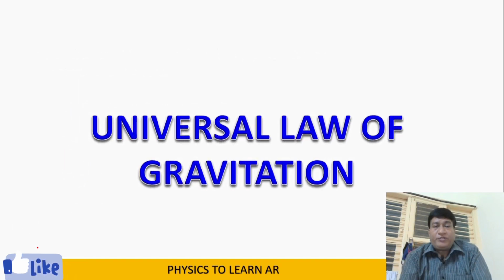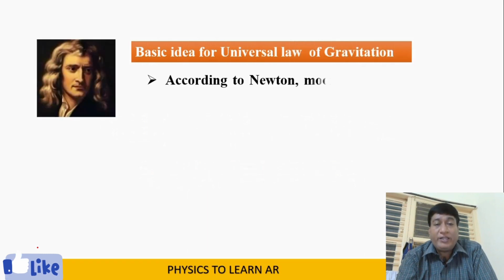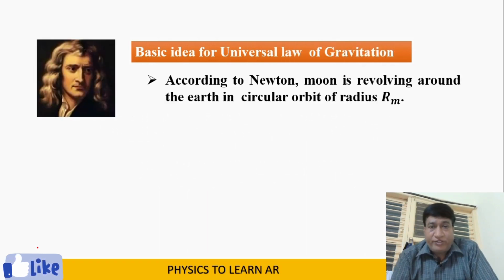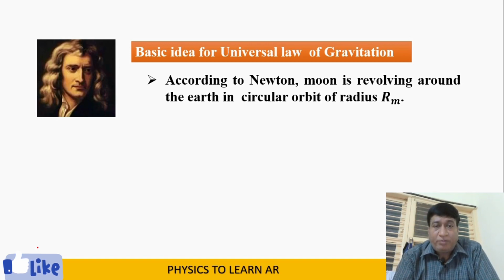So with the help of this, regarding the universal law of gravitation, it has been explained by Newton. The basic idea for the universal law of gravitation is this. According to Newton, the moon is revolving around the earth in a circular orbit of radius rm.